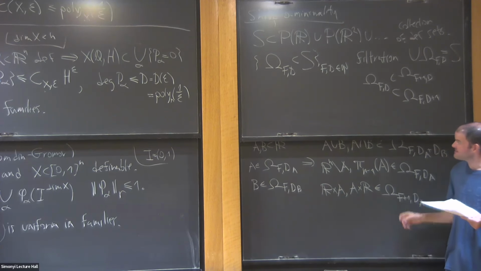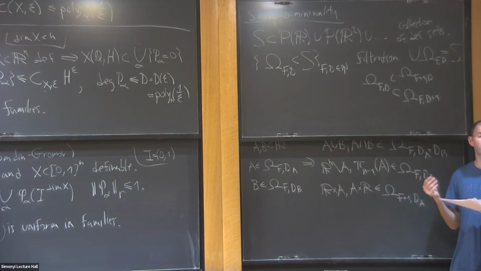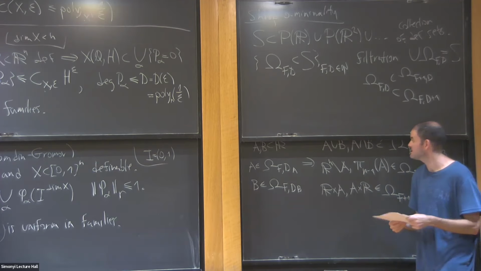So for o-minimality, for me, it's always o-minimality over a field. There are two more things: the field structure, and some finiteness. So I have two more axioms that have to do with the field structure and with finiteness.